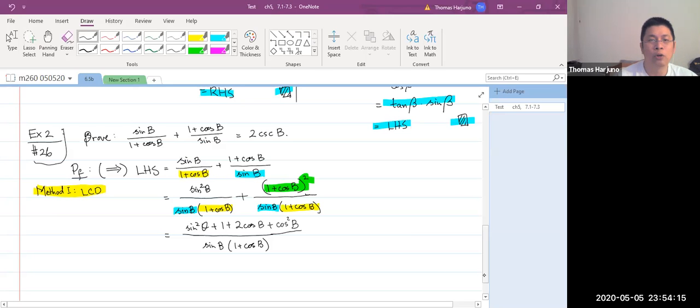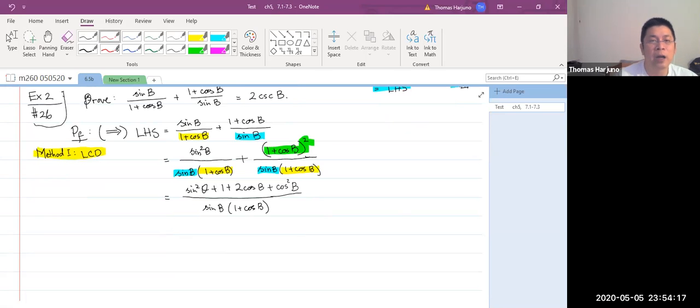Now you notice that sine squared theta plus cosine squared theta is 1.